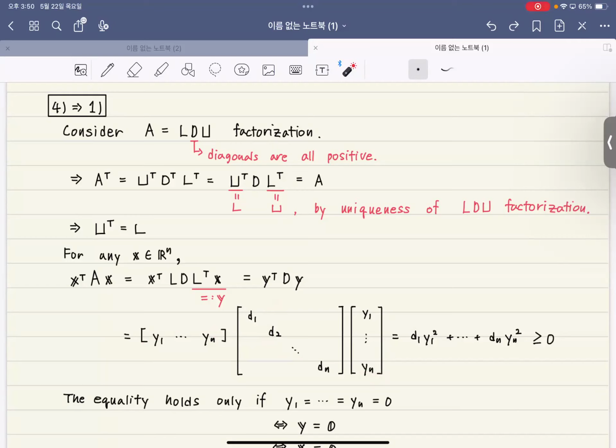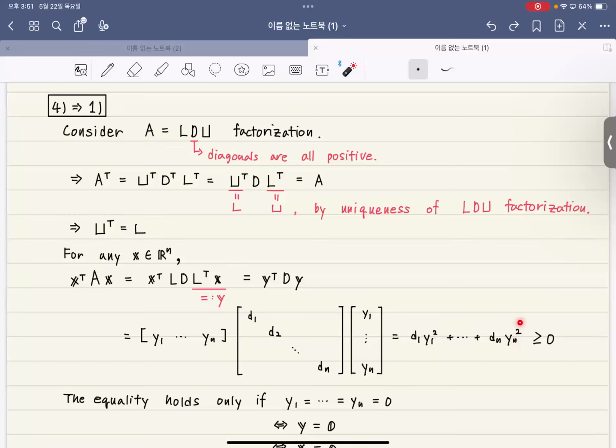Expanding this, you get simply d1 times y1 squared plus ... plus dn times yn squared. Because of the assumption from number 4, we are assuming these diagonals are all positive. So d1 to dn are all positive, and y1 squared to yn squared are non-negative.